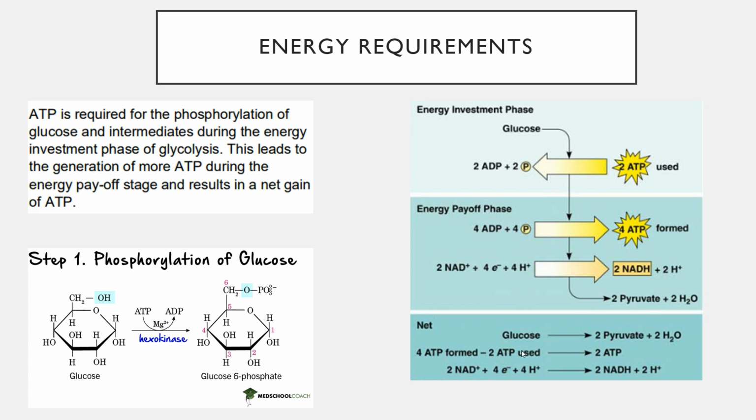So for every time we break down a glucose molecule, the cell gains 2 ATP molecules. We'll talk about it in more detail in subsequent videos, but for now, just make note of the NADH, the hydrogen collector.